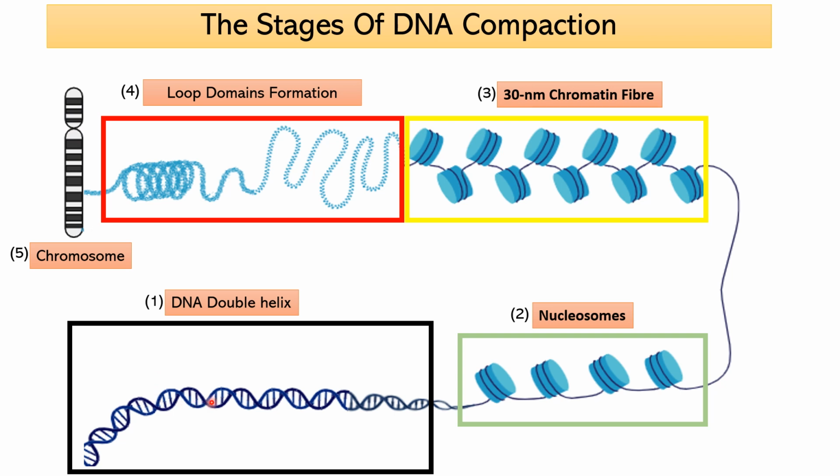So this DNA will be compacted through all these stages until it becomes a chromosome. And in this tutorial, we will go through every stage and understand how DNA can become chromosomes at the end. So the first level of compaction of DNA is the formation of nucleosomes.